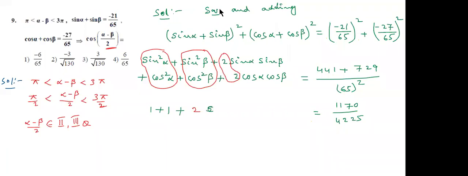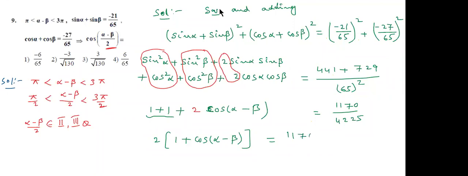That is cos of alpha minus beta. This value is how much? 2. 2 take common overall. 2 common, 1 plus cos alpha minus beta, that is equal to 1170, denominator 4225. But we need cos alpha minus beta by 2.